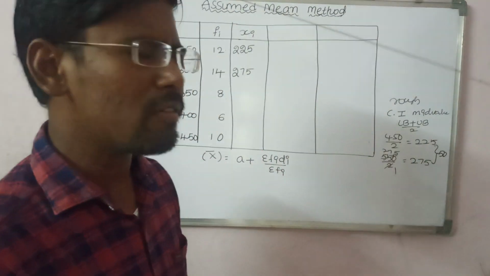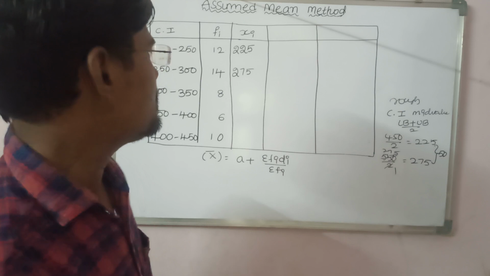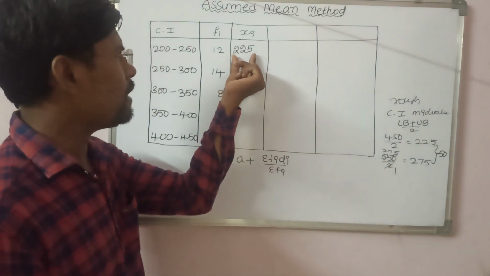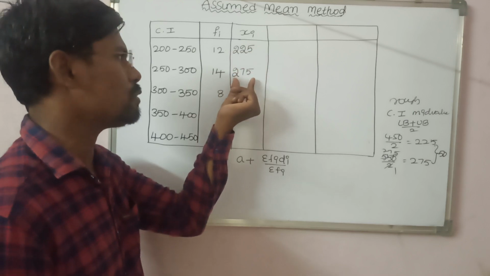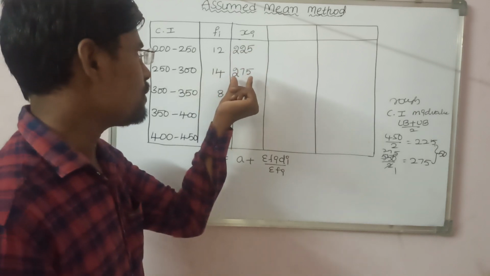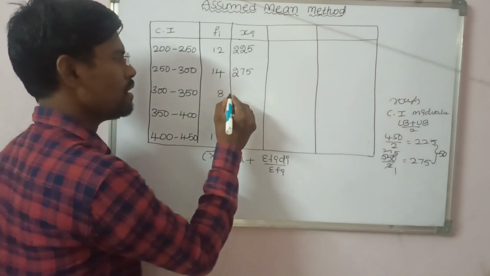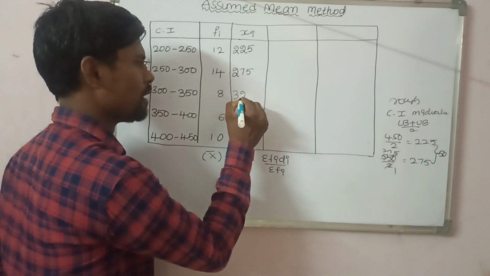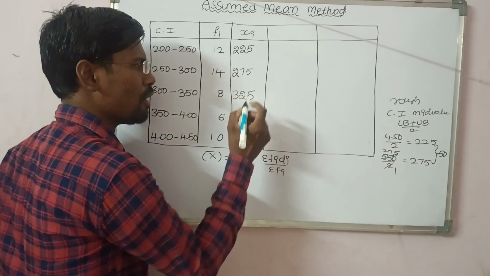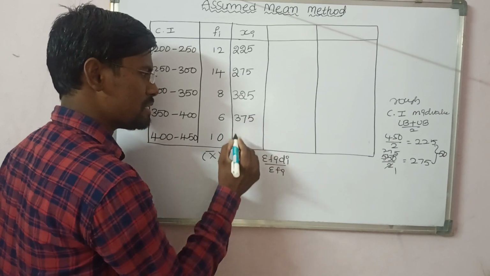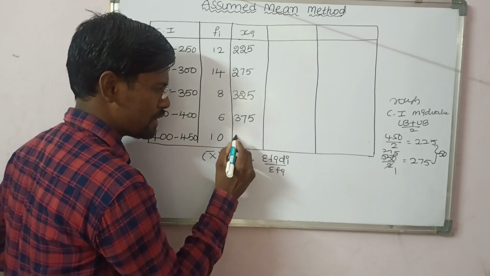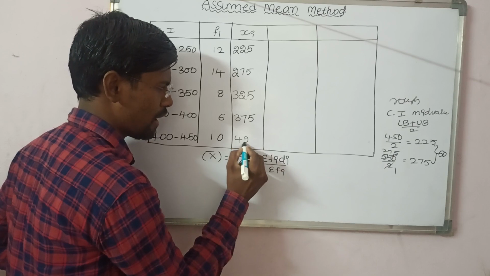Then automatically the next mid value is simple: add 50 to 225 to get 275, add 50 to 275 to get 325, add 50 to 325 to get 375, and add 50 to 375 to get 425.